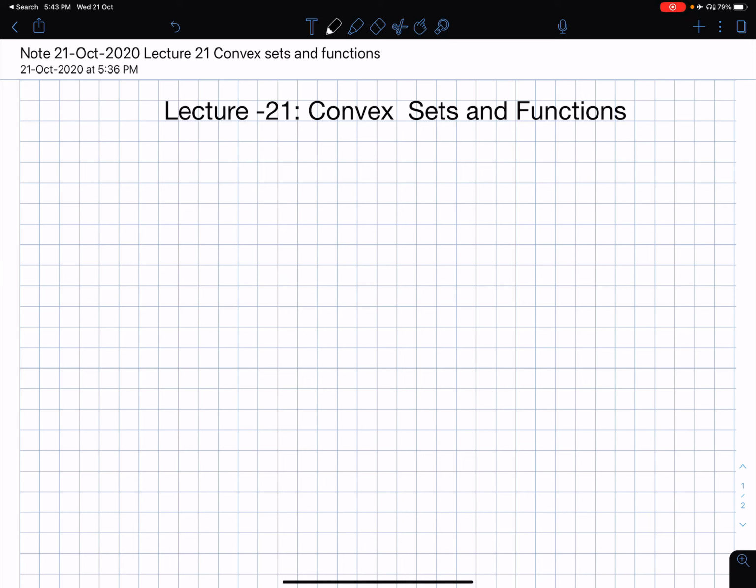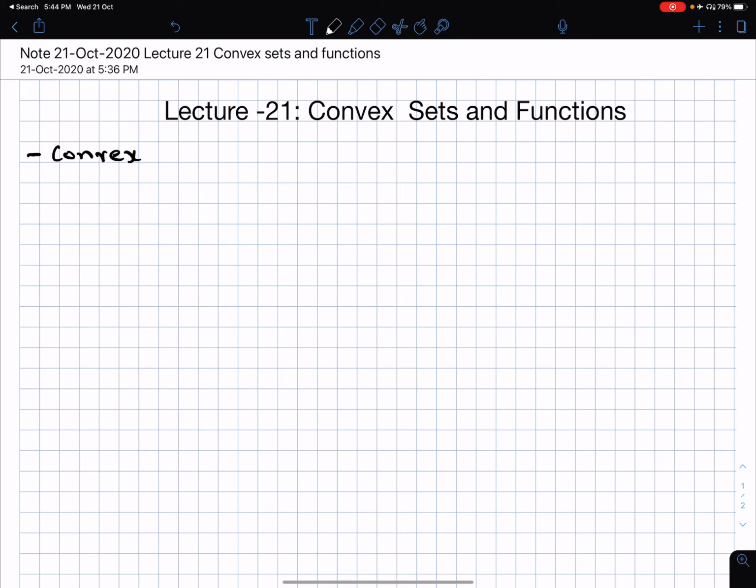Okay, so today's lecture, we are going to start with convex sets and functions, and this is a very important class of problems in optimization, what is known as convex optimization.